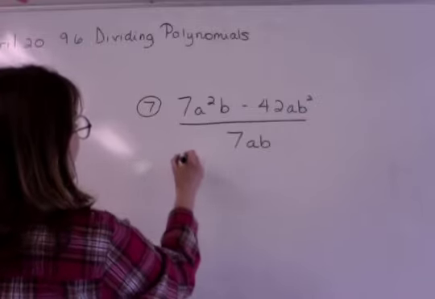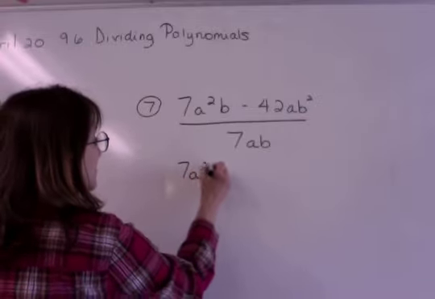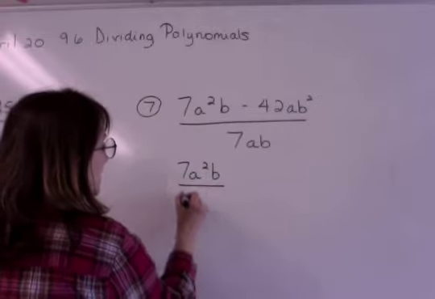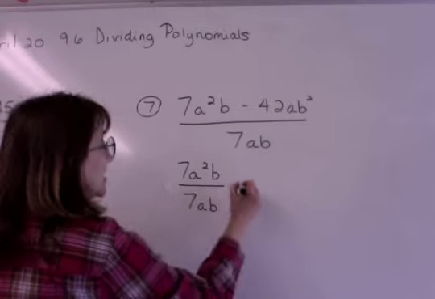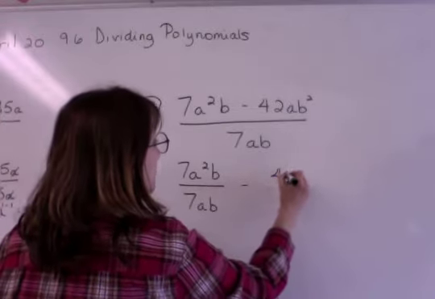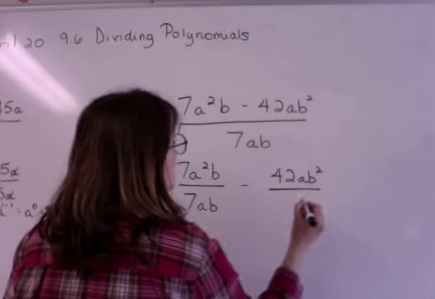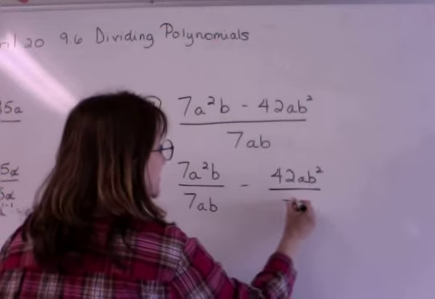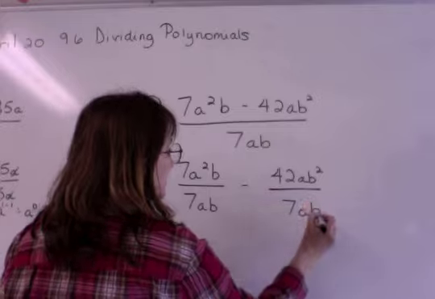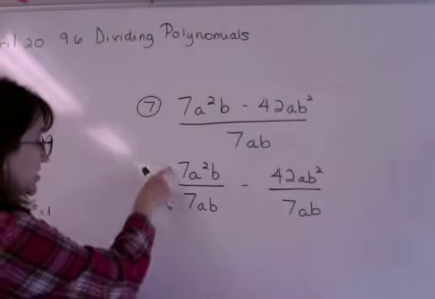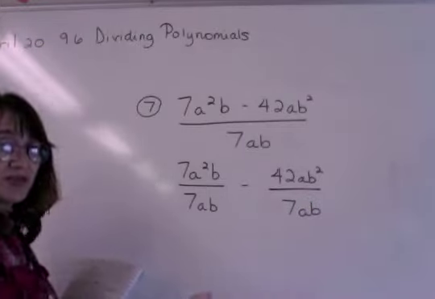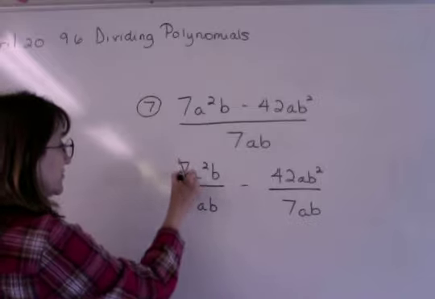It's going to take 7a squared b, and I'm going to divide that by 7ab. Then I'm going to subtract 42ab squared divided by 7ab.